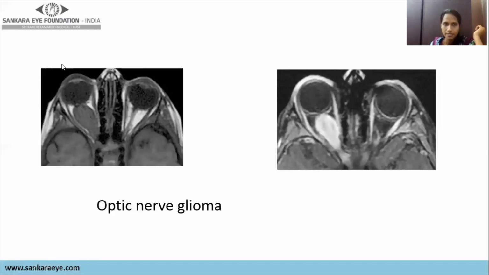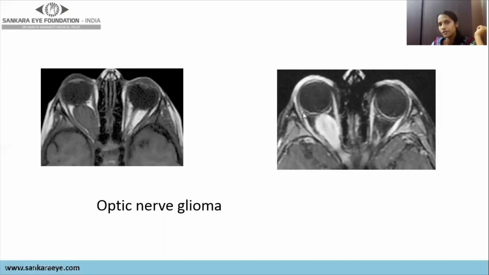Then the other image. So here again this is an MRI orbit T1 weighted image because vitreous is black and orbital fat is bright, showing a well-defined lesion in the intraconal space involving the optic nerve. When you compare the same lesion, there is a non-contrast film.